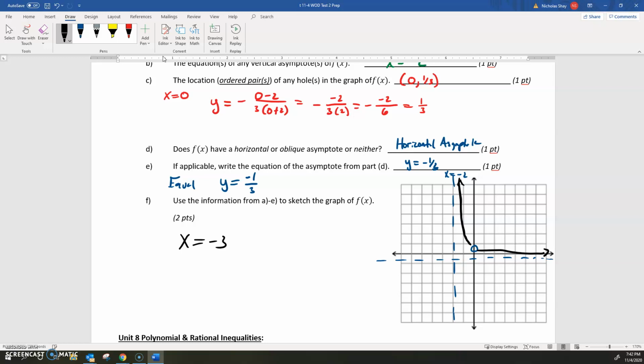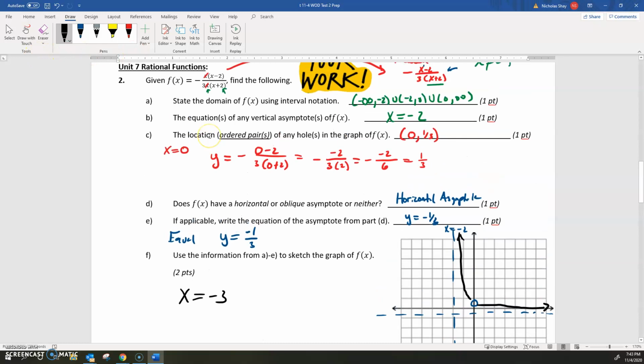What do we get? And again, we can use the reduced version of our function. So y is equal to negative (-3 minus 2) over 3 times (-3 plus 2).